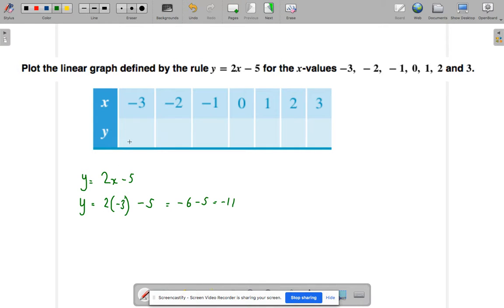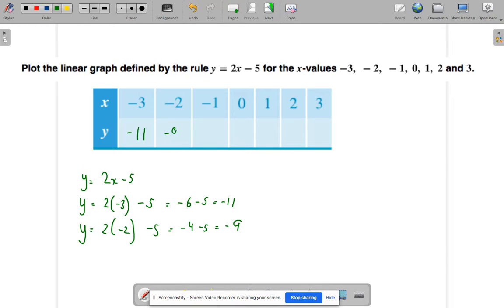So in this first spot here in the table, I'm going to put negative 11. Next, we've got negative 2. Y equals 2 times negative 2, take 5, equals negative 4, take 5, equals negative 9. So negative 2, negative 9.